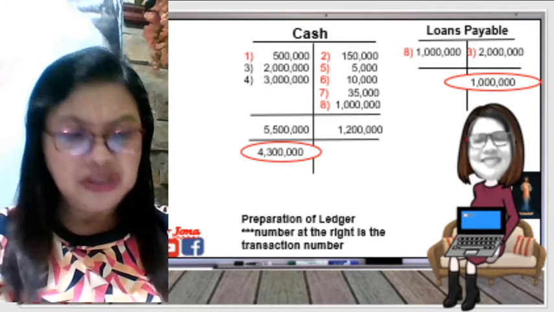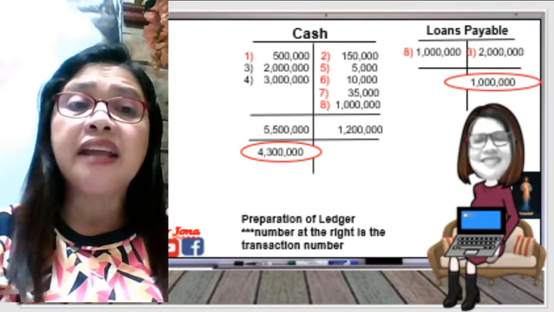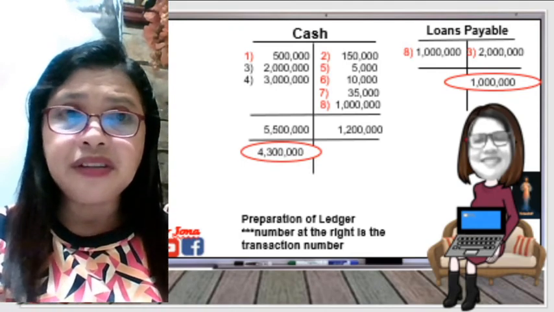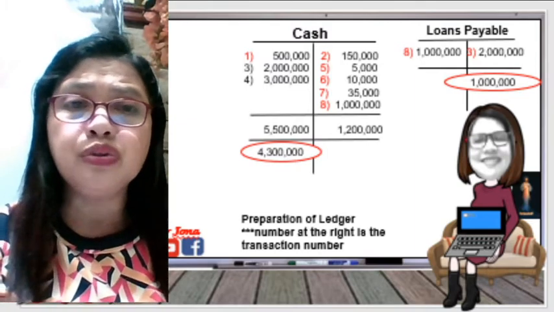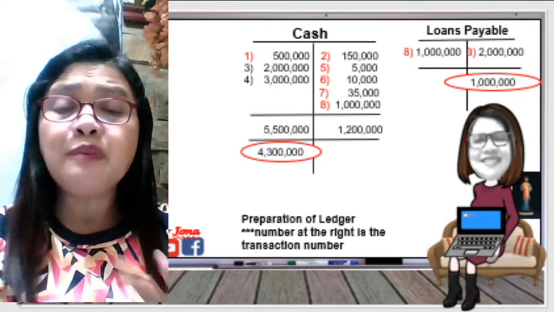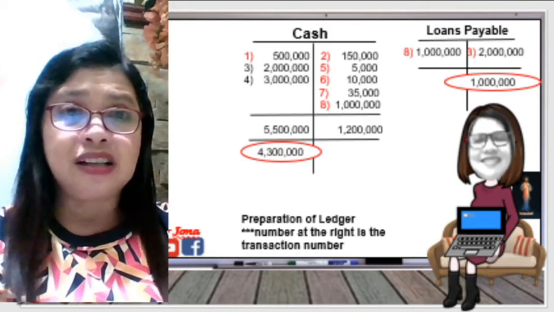What is transaction number one? I think the owner invested 500,000 for his trading business. So you debit cash 500,000. And you will notice a credit for number two. That means transaction number two. In some ways, you also use the dates, but in our case, we use transaction numbers.